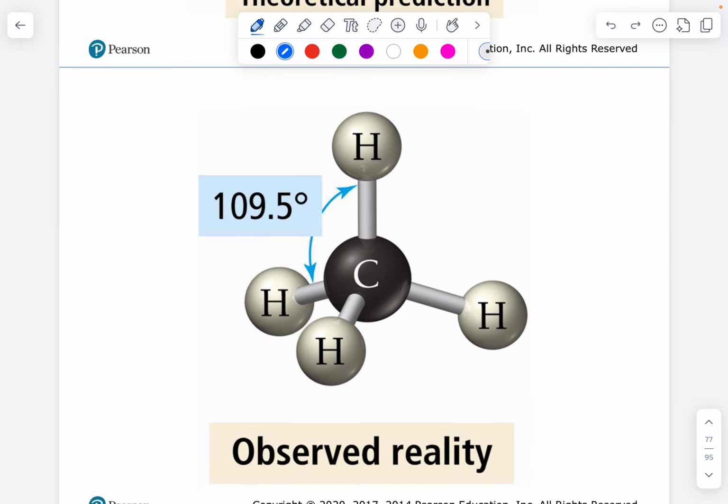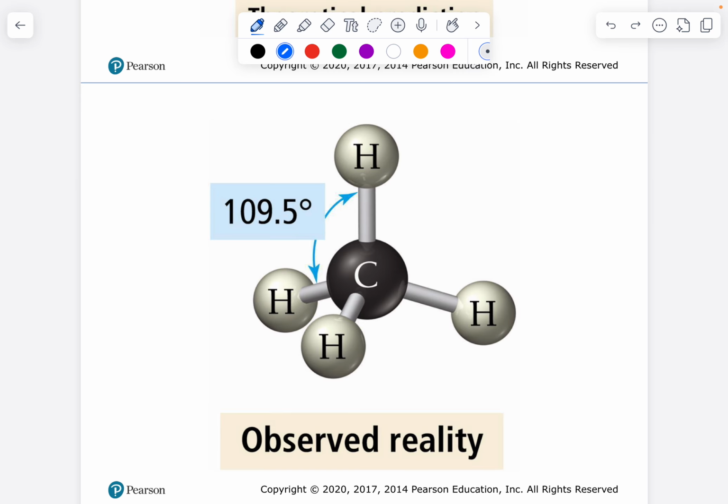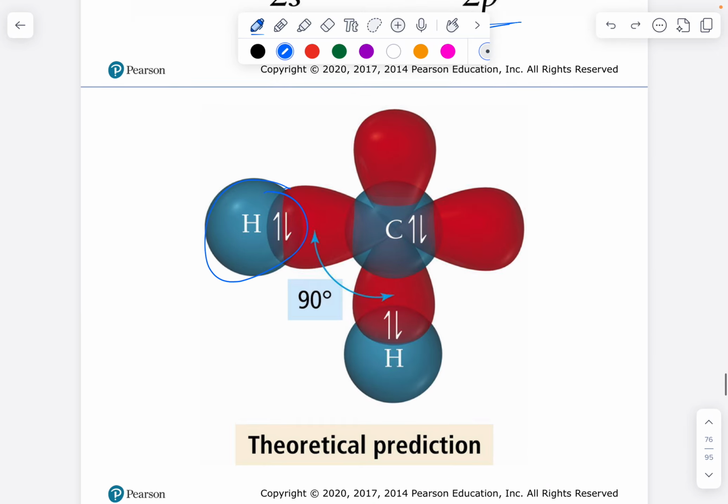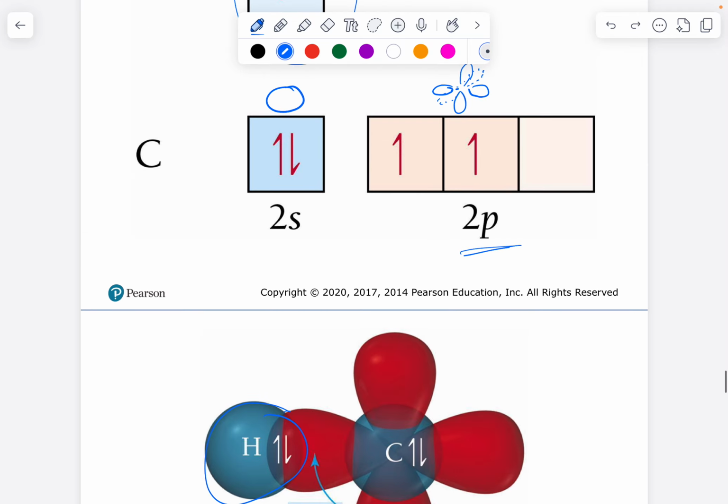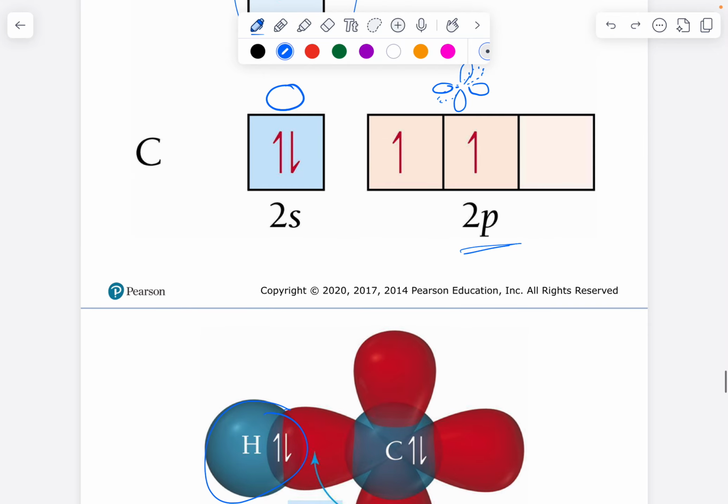Yes, there we go. So we know that it's a 3-dimensional shape and that the bond angles are 109.5. The existing bond angles for the p orbitals, though, are 90 degrees. So that must not be what's going on. These standard s and p orbitals must not be an accurate representation of what's going on in the carbon. Okay, there must be more to the story.